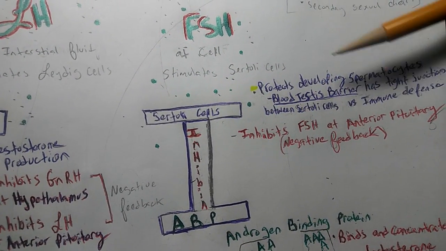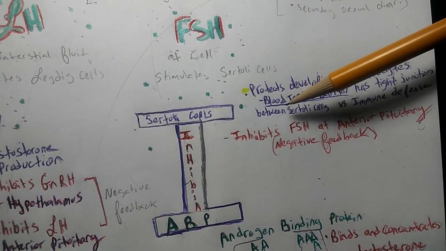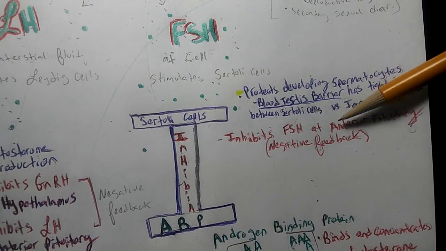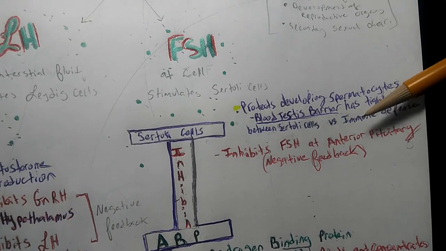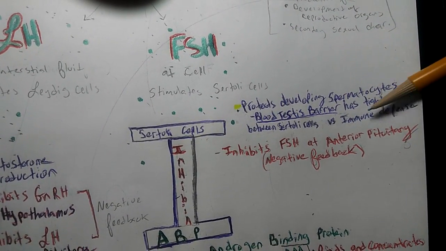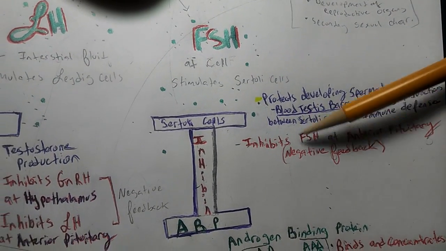The way the Sertoli cells protect the developing spermatocytes is through the blood-testis barrier, which has tight junctions between the Sertoli cells, because males' bodies do not recognize the sperm or developing spermatocytes as part of the person. They consider it foreign.